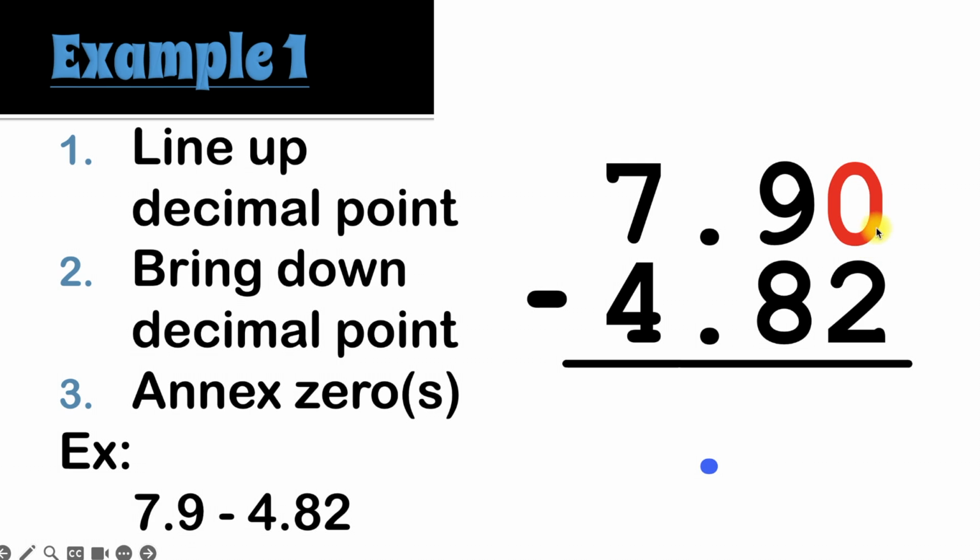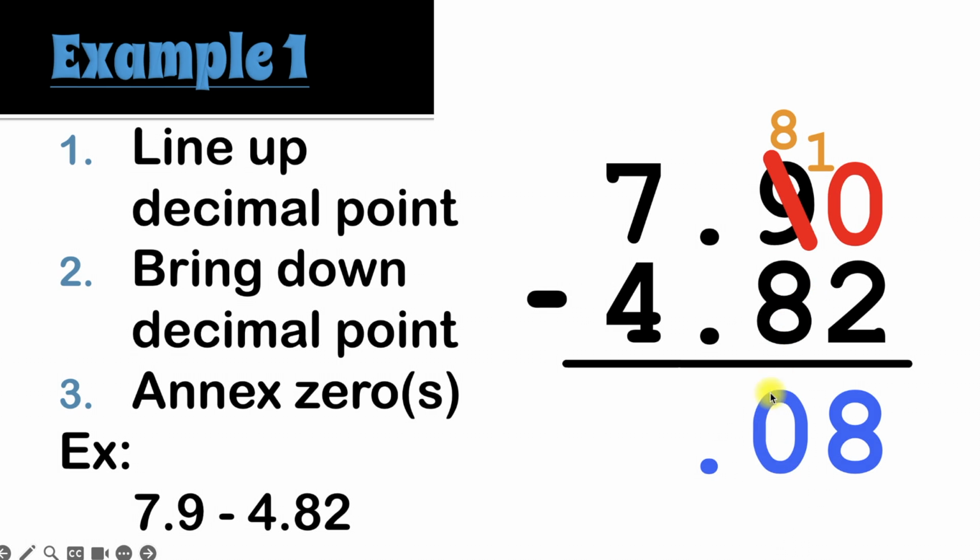Can we subtract 0 minus 2? No. So we'll have to borrow from the 9, which means this 9 will become an 8, and this 0 will become a 10. And 10 minus 2 equals 8. 8 minus 8 equals 0.